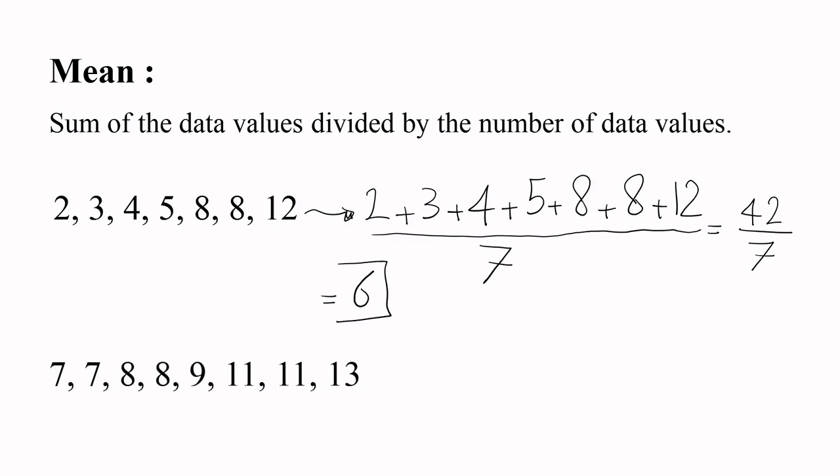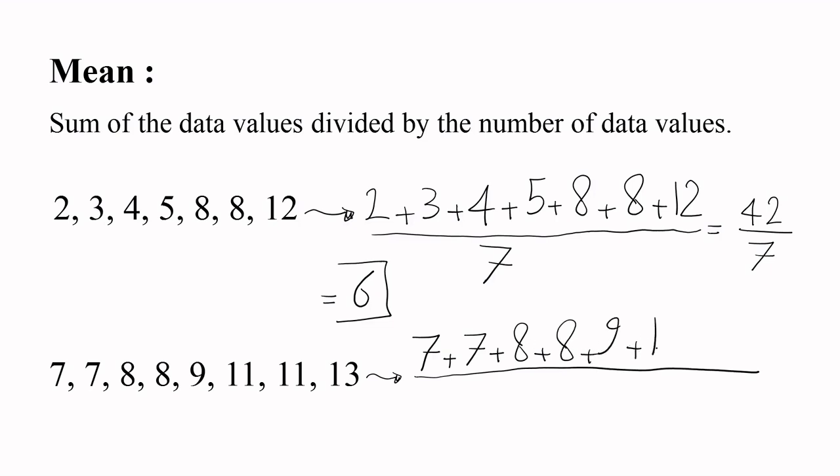Look at the next example. As I told you, for calculating the mean, I must add all the values. So I draw a fraction line, then I add all of them together: 7 plus 8 plus 8 plus 9 plus 11 plus 11 and finally plus 13.